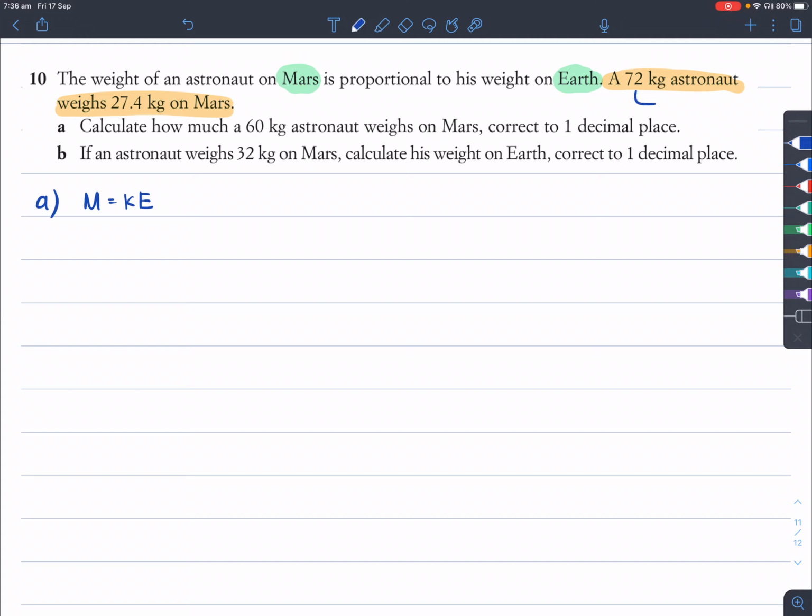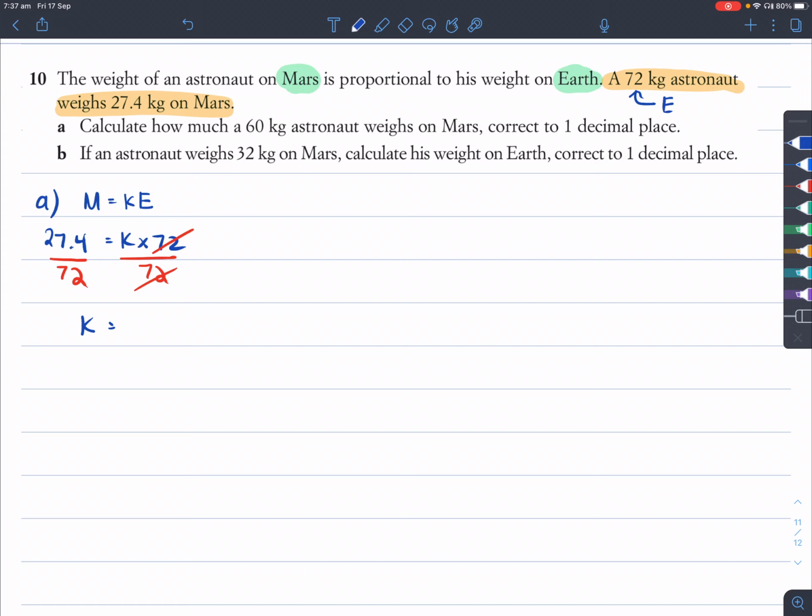So this represents the weight on Earth. So we're going to substitute that as 72, whereas on Mars it is 27.4. So by dividing by 72 on both sides, that will cancel out. So K is equal to 27.4 divided by 72.